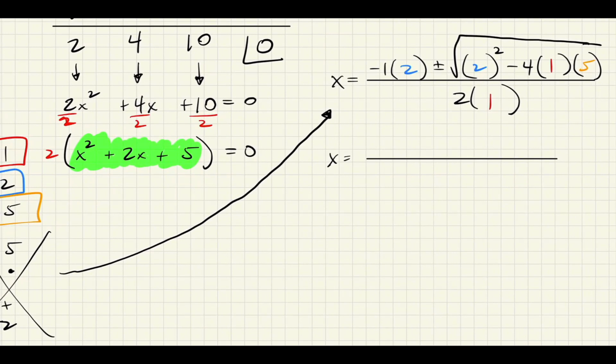What is -1 times 2? -2. That goes in front. Plus or minus. 2 squared is 4. What's 4 times 1 times 5? 20. And then 2 times 1 on the bottom is just 2.